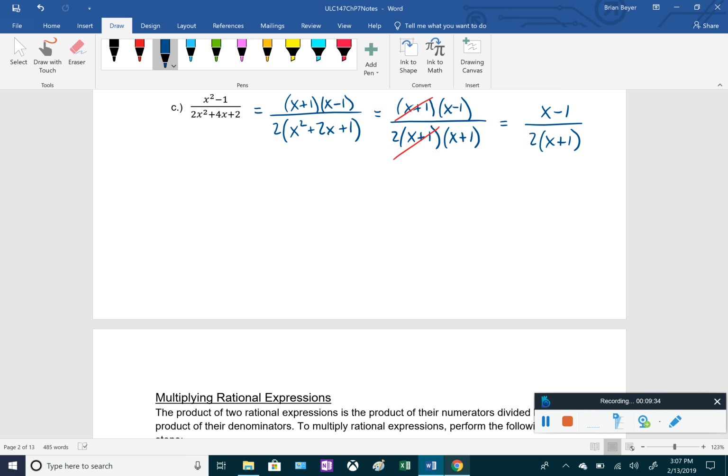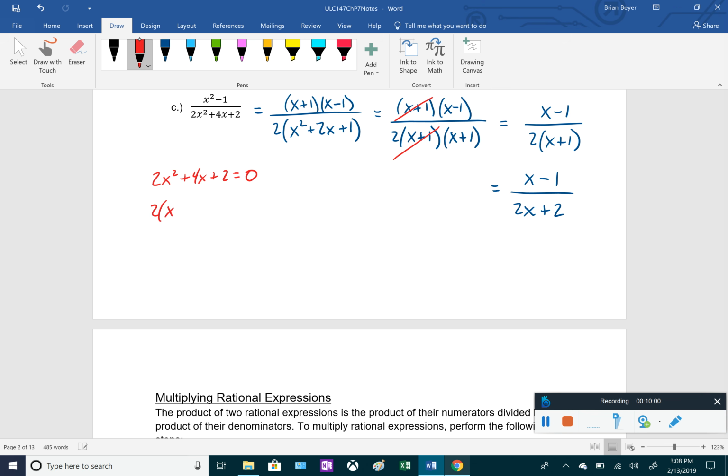So you could leave it like that. I'm going to distribute the 2. It really doesn't matter. And I'm going to write it like this: x minus 1 over 2x plus 2. So let's see what values we have to omit here. That denominator set equal to 0. I'm going to skip right to the factored version now.